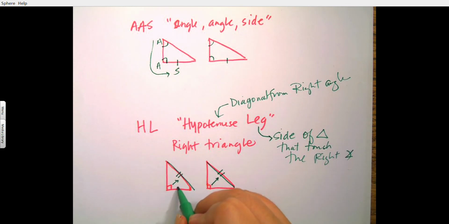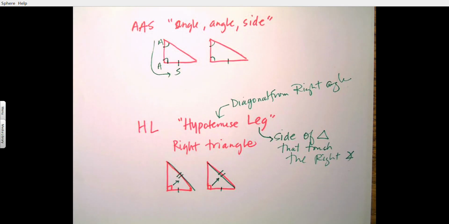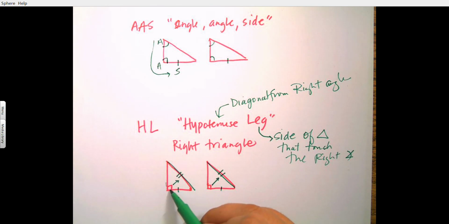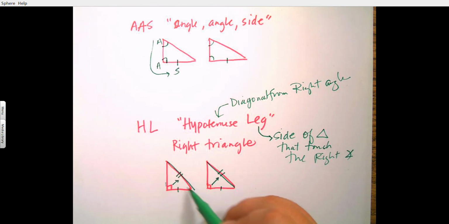So that's this here. Could also be this here. So one thing, I need it to be a right triangle, so it has to have a right angle. Then my hypotenuse has to be marked congruent. And then my leg, one of these two leftover sides, has to be marked congruent.